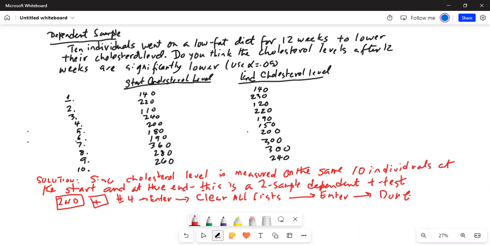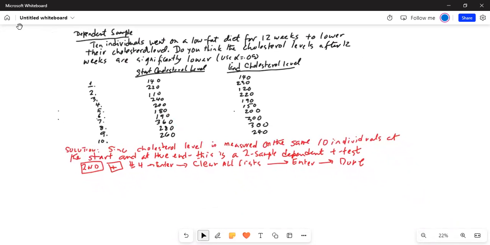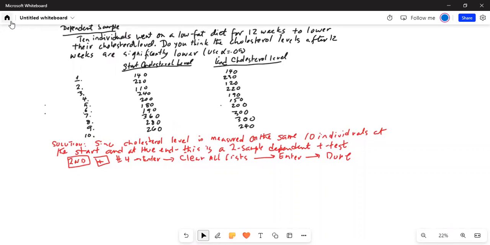Now we are ready. Next we press the stat button, then number 1, so stat 1 and enter. Enter the start cholesterol level data in L1.